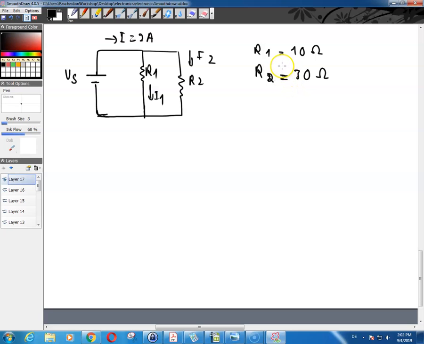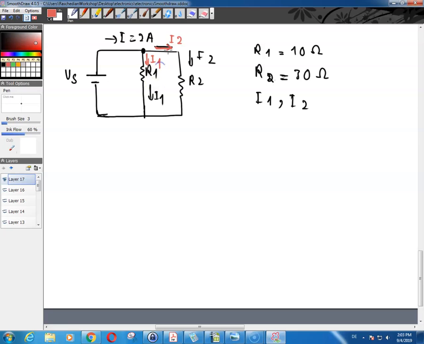So now what you want to do is calculate the currents I1 and I2. If you find one of these currents, you can find the other one because you know your I. Since this current I comes to this point, it will be branched into two branches, I2 and I1.